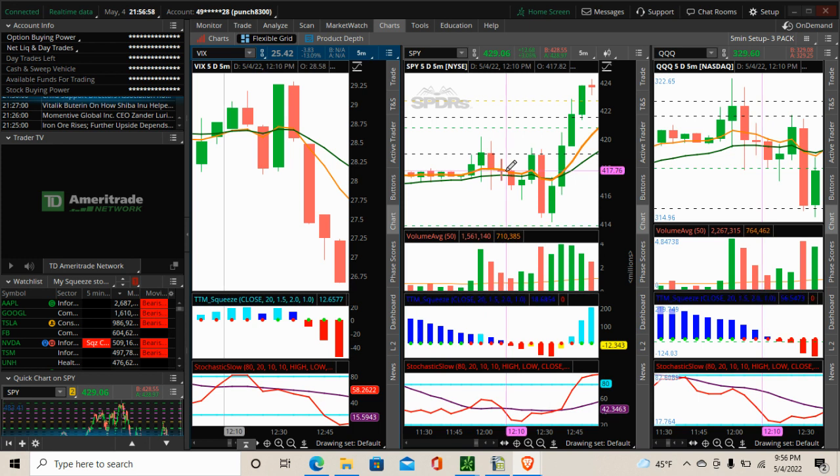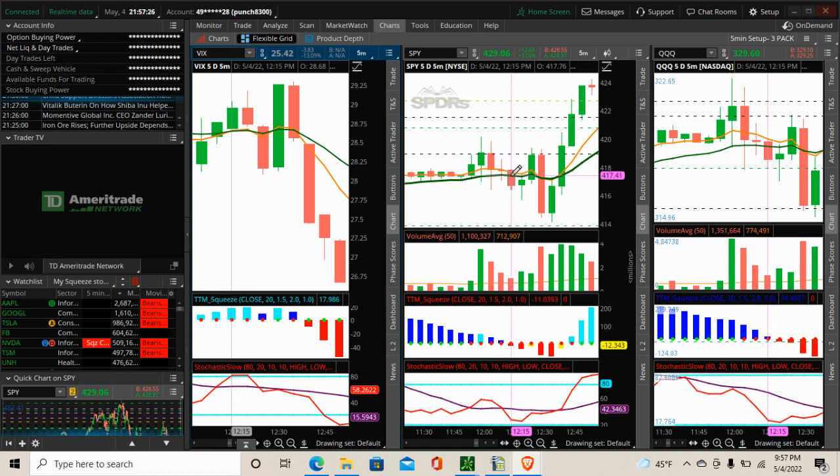But you can see stoch crossed. So then I started looking, right, and on the Qs it was already beneath. But you can see for the VIX, it had crossed up along that same time, and then we had buying pressure here within the squeeze.